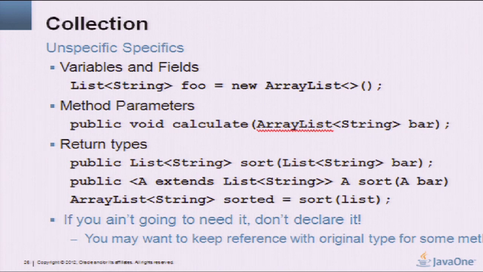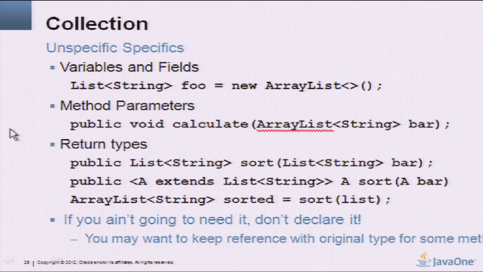The problem is that if I have an array list and I want to keep it an array list because I'm using it in a circumstance where the characteristic of the array list is important, if I have the first definition of sort, what I get back is a list, and I can't assign that to array list anymore. I've lost the array list characteristic of it by calling this method.